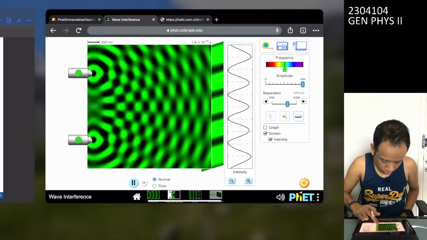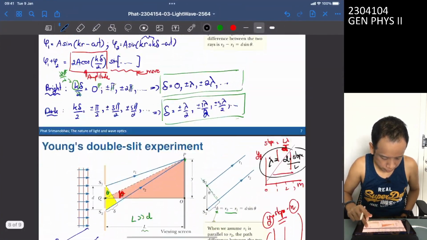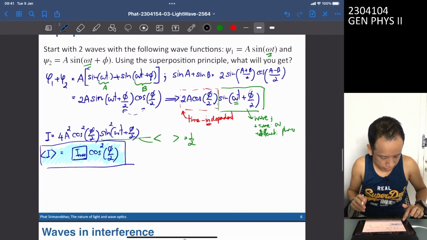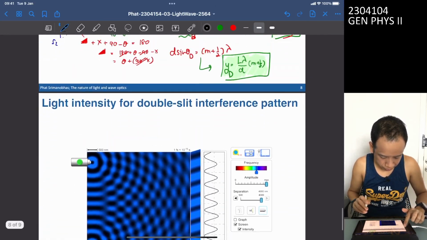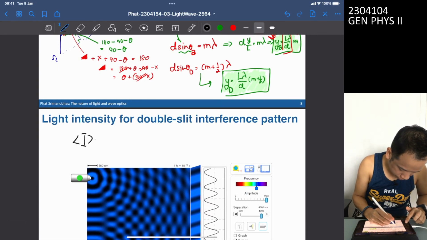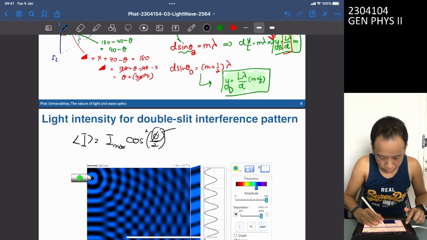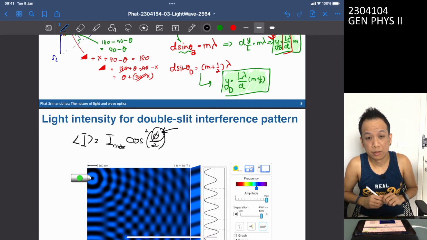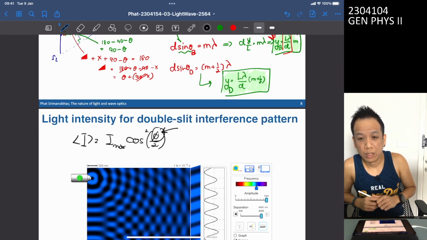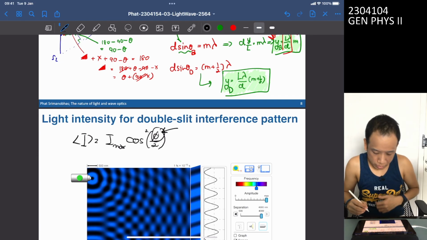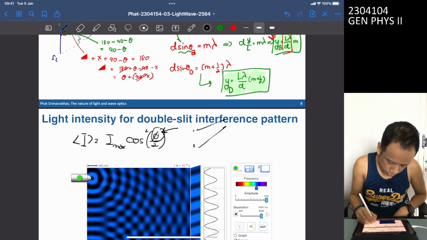This is because of what you have calculated before. The intensity here is equal to I max cosine squared of phi over 2, so it depends on phi. It depends on the phase difference, the difference between the two sources and the travel.